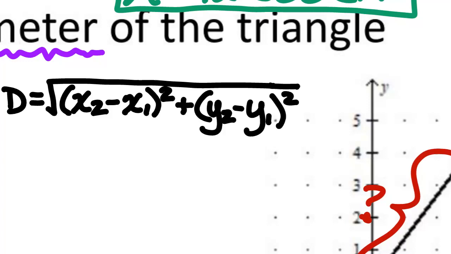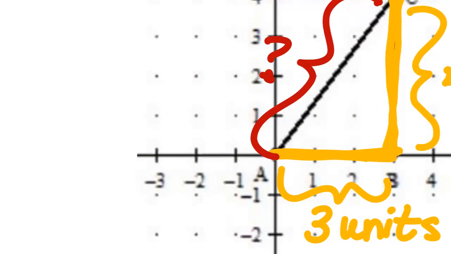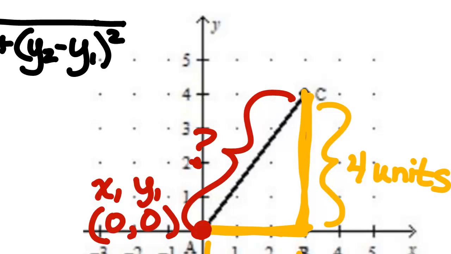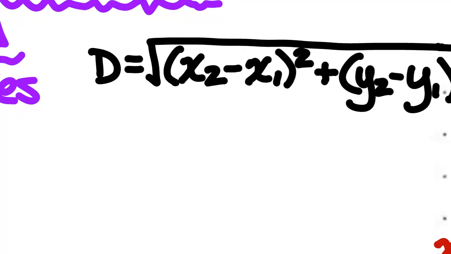So I need some ordered pairs to work with here. Let's look at A. What's the ordered pair that goes with A down here? 0, 0. Are you guys okay if we call that x1 and y1? All right. Does it matter which one I call x1, y1? No. What's the ordered pair up here for C? 3, 4, because remember, it's how far did we go along the x-axis first, and then how far up. So 3, 4.